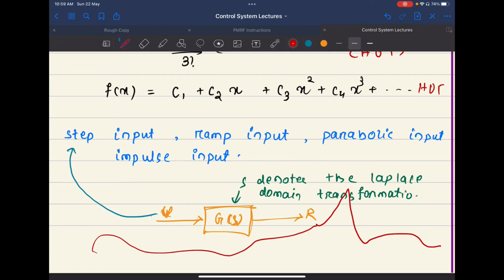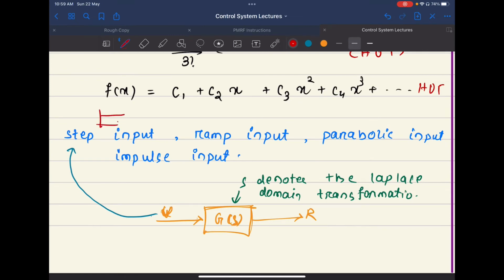So why am I not considering this kind of input? I'm only considering step input, which is like this with respect to time, a constant, and ramp input like this, and parabolic input like this. And the impulse is just this one, at 0.